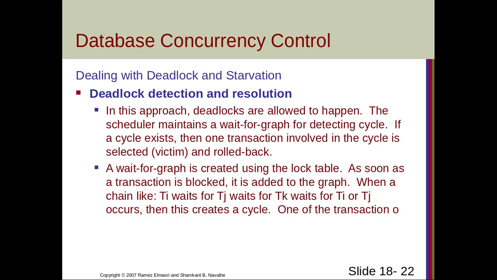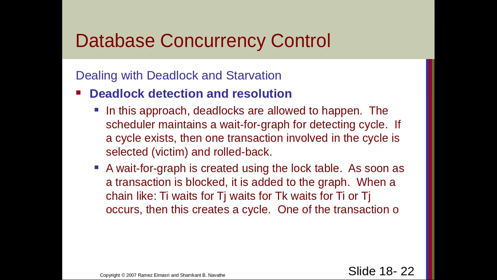Deadlock detection and resolution. In this approach, deadlocks are allowed to happen. That means it is not preventing deadlock, it is allowing deadlocks. The scheduler maintains a wait-for graph for detecting cycles, and if a cycle exists, then one transaction involved in that cycle is selected and rolled back. A wait-for graph is created using a log table. As soon as a transaction is blocked, meaning it is waiting for something, it is added to the graph.